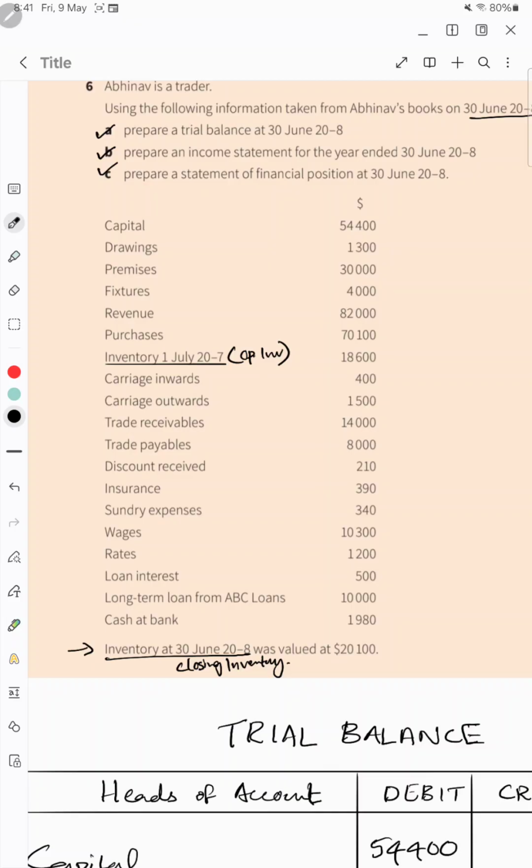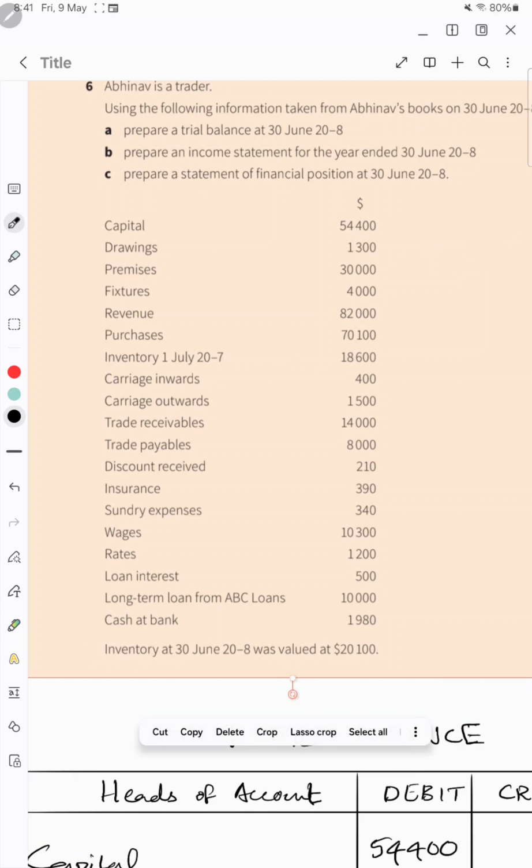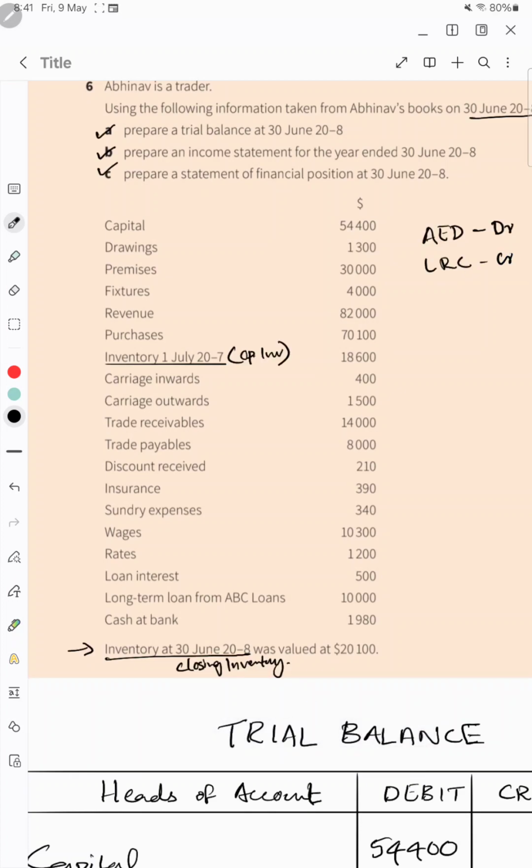Now apply the modern rules of accounts: assets, expenses, and drawings, liabilities, revenues, and capital. Assets, expenses, and drawings will be debit balance; liabilities, revenues, and capital will be credit balance accounts.